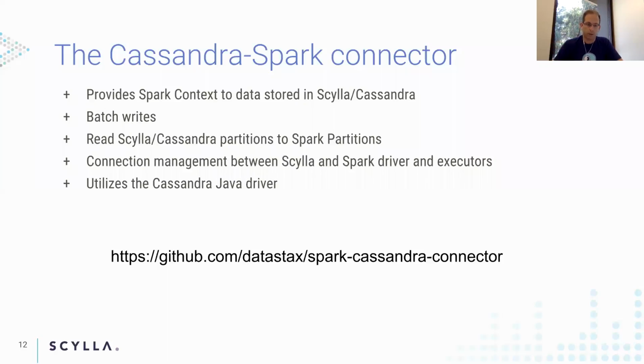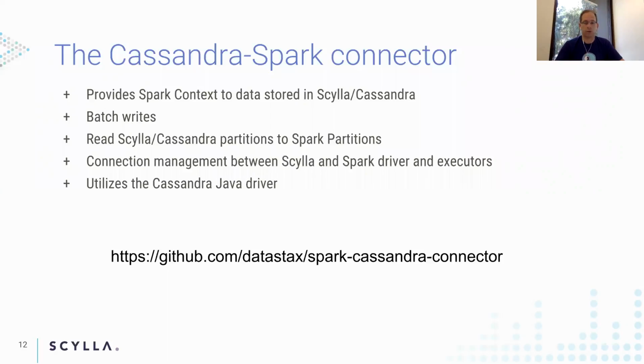Items that we should care about. The first and foremost is the number of connections that we have between our Spark cluster and our Scylla cluster. You will see in the demo that I will show in a minute that the amount of connections is basically determined by the number of executors you provide for your Spark cluster.